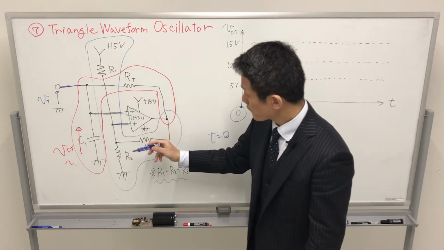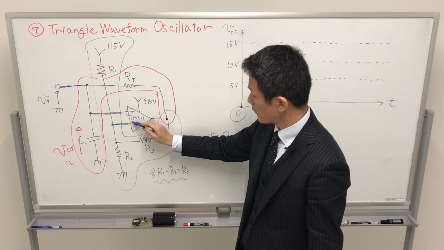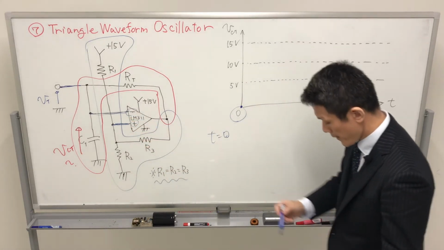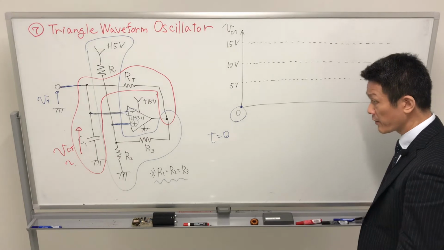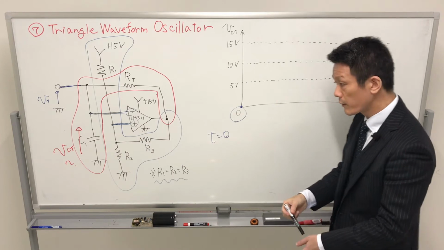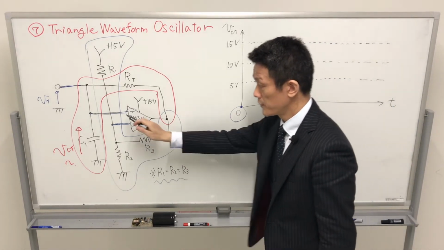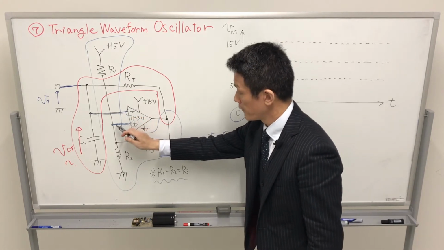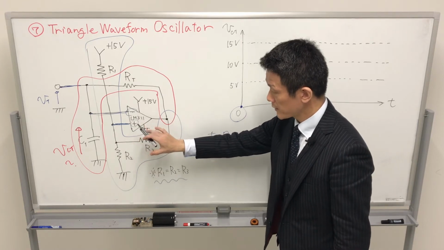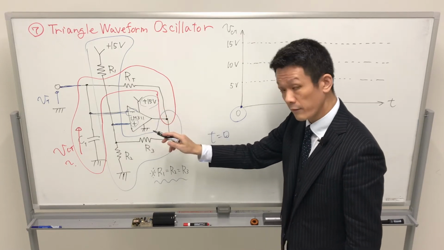And on the other side, the positive side terminal, what is its voltage? Consider the equivalent circuit of this blue line circuit. The output voltage is on the positive side, right?